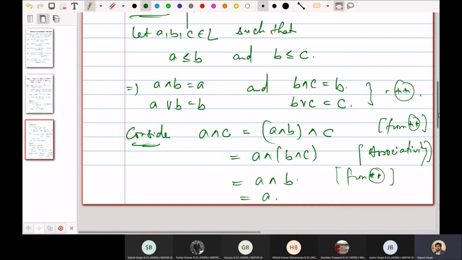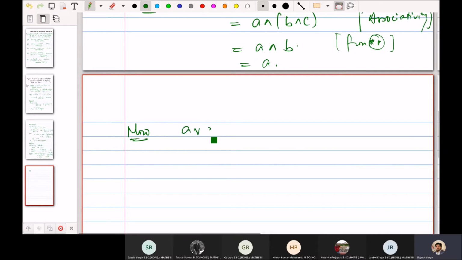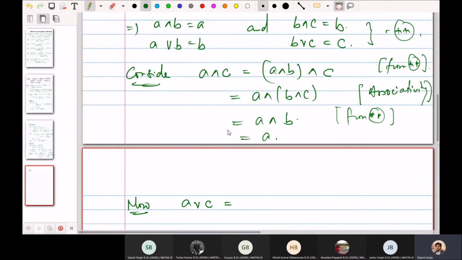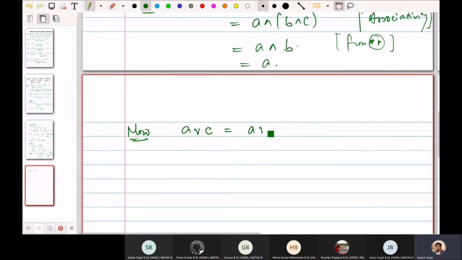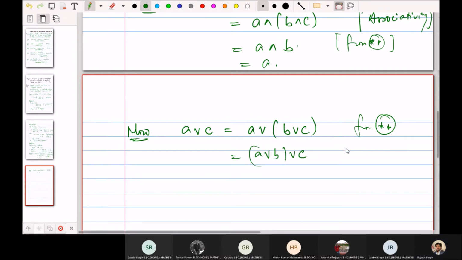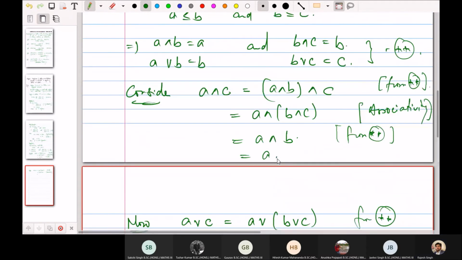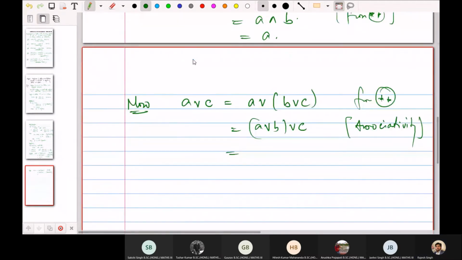Now we will start with A cup C. So अब कप वाला रिप्लेस करना है. So ये वाला अब ये वाला यूज कर लेंगे, क्योंकि कैप और कप मिक्स कर देंगे तो फिर काम नहीं कर पाएंगे हम. So B cup C from double star, and now associativity, right? And now this A cup B is B. So this is B cup C, and this is C from double star.